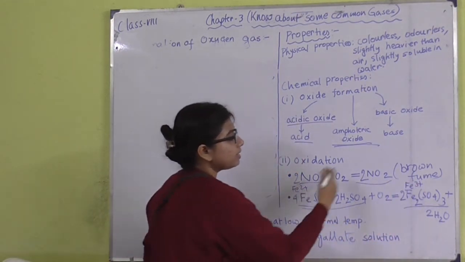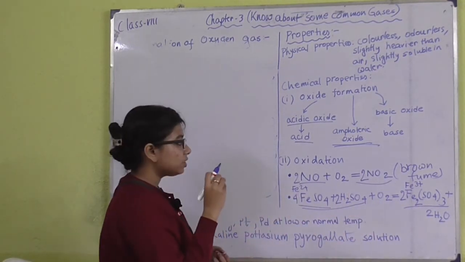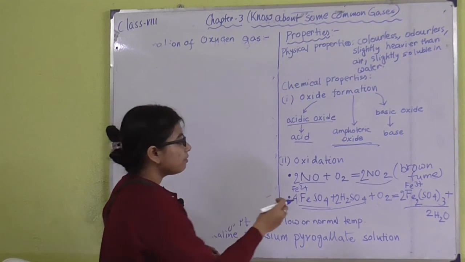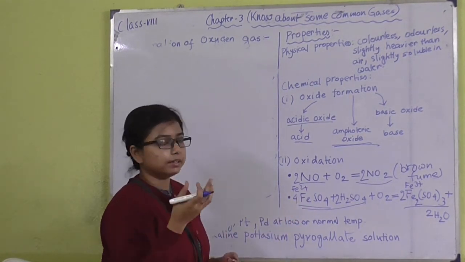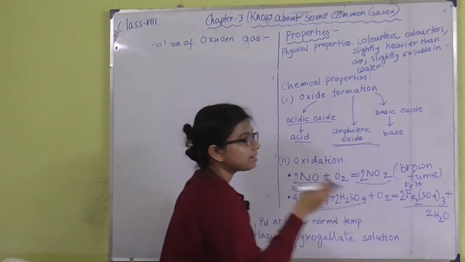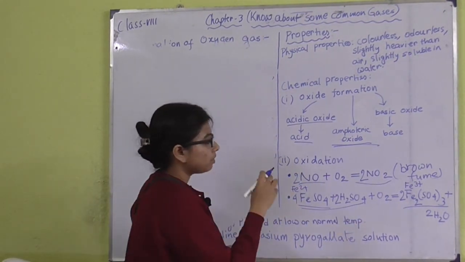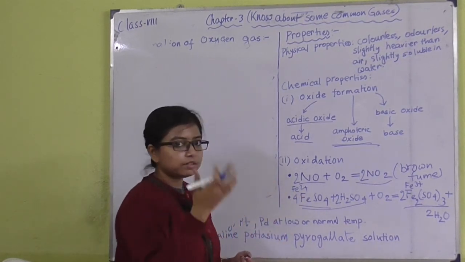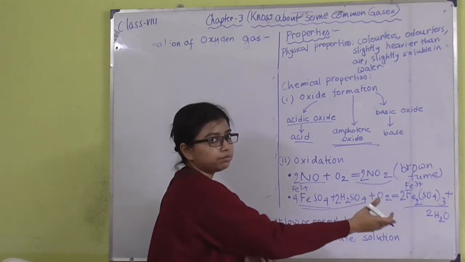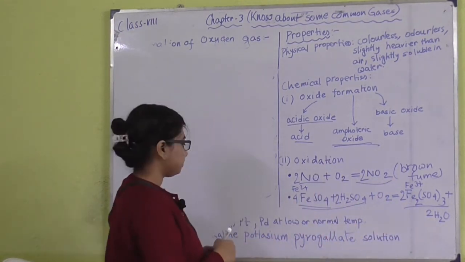That is, it is a more oxidized form, and you can see the change in color also. Ferrous sulphate has a color of light green, whereas ferric sulphate has a slightly light yellowish color. So, with the change of color you can identify the change of ferrous sulphate to ferric sulphate. So, this is another example of oxidation.